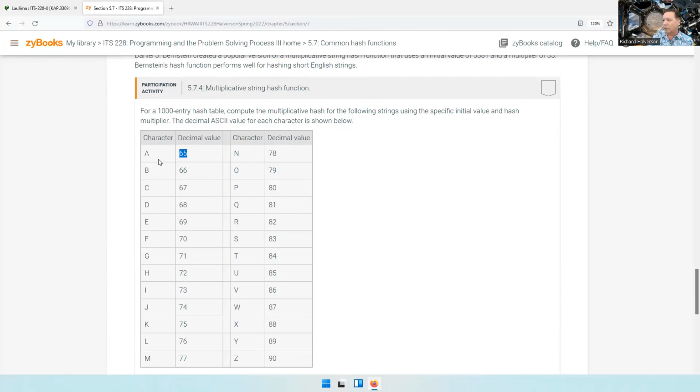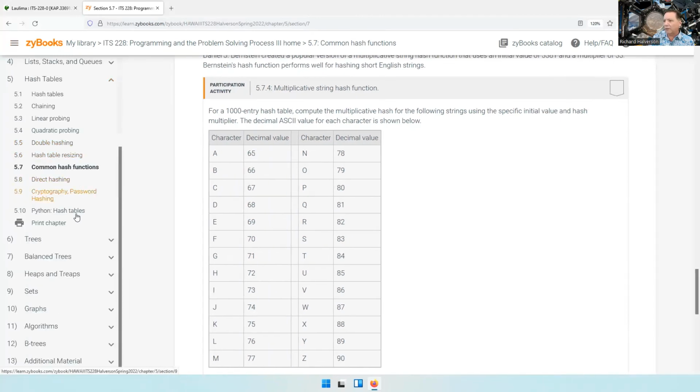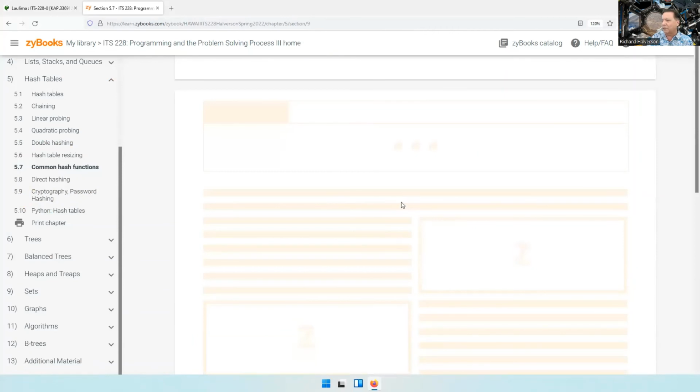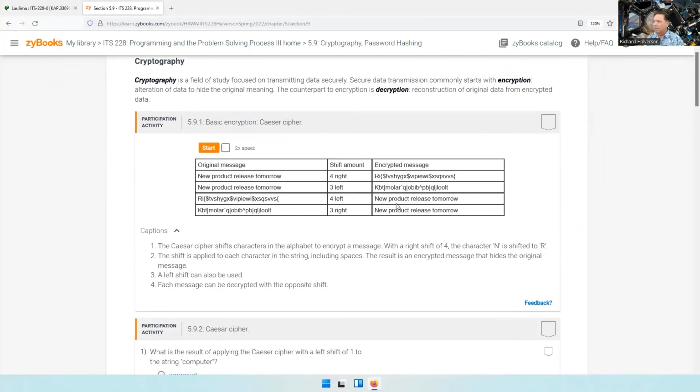With these in mind, A is 65, 66, 67, 68. So you can see that it goes up like that. The way the Caesar cipher works is you say that each letter we're going to shift right 4 by 4. So capital N becomes OPQR, capital R. There's capital R as the first one, okay?